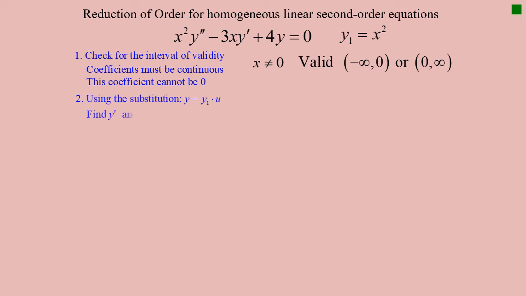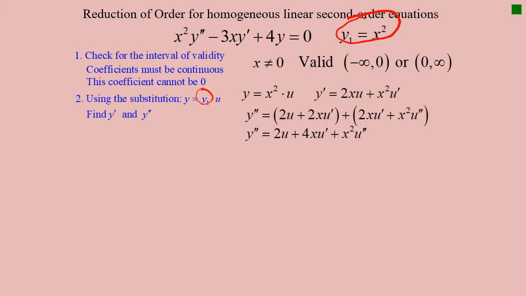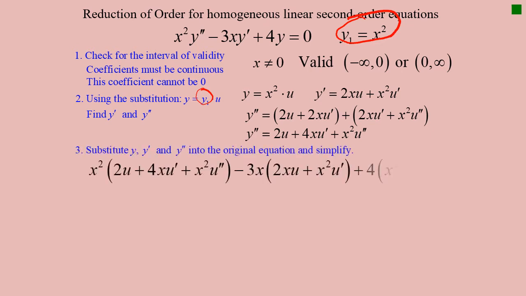So here's our substitution. Given that one solution is y equals x squared, we're going to make the substitution y equals x squared times u, which means we need the derivative and second derivative, and then substitute into our differential equation and simplify.